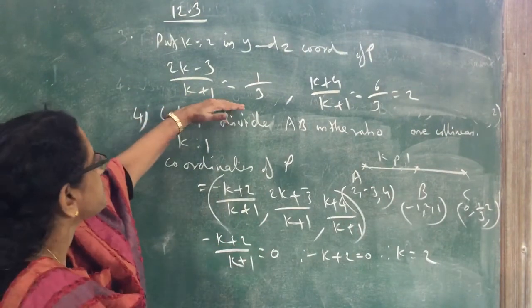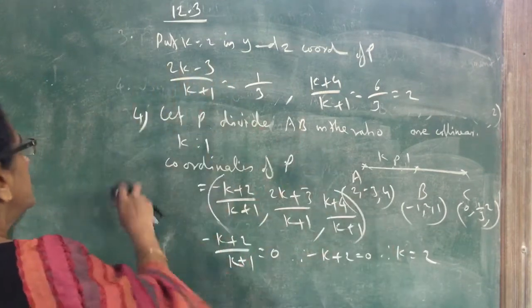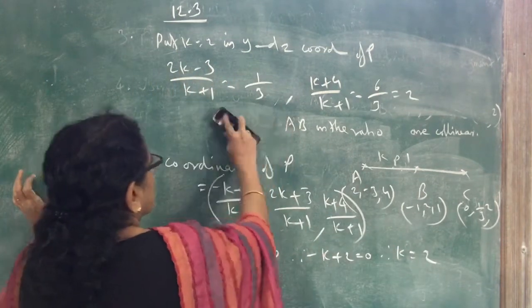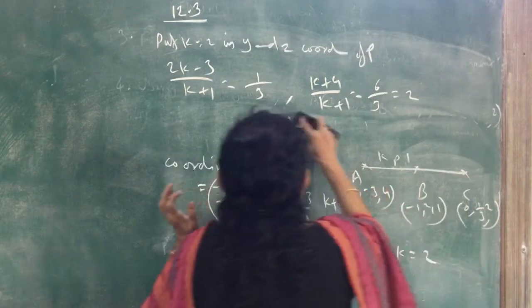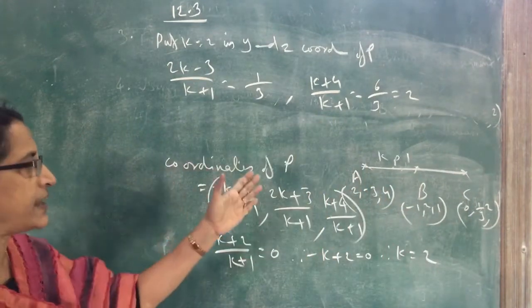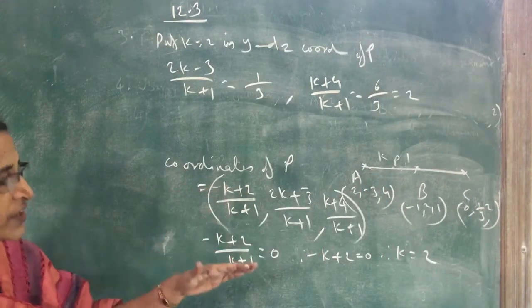First we assumed that P divides AB in the ratio K is to 1 and we got K equal to 2.